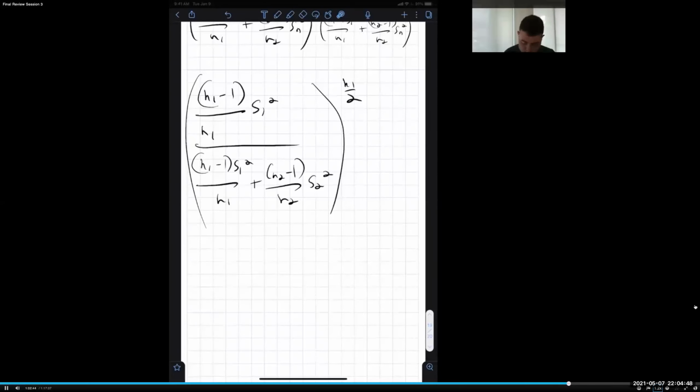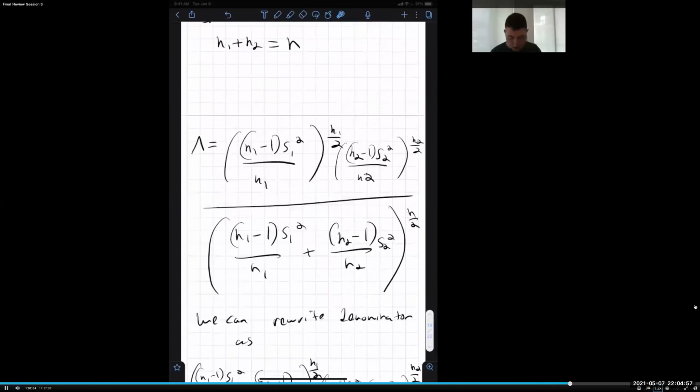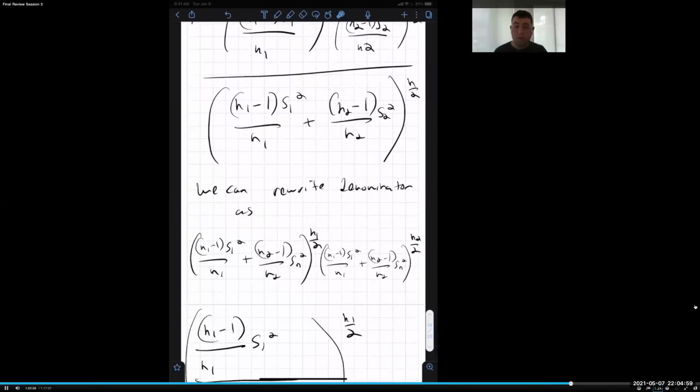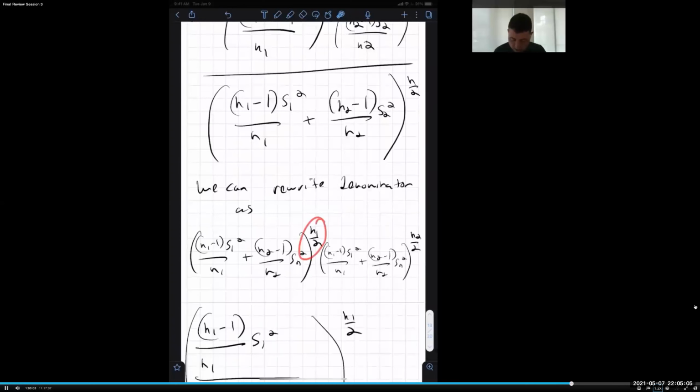Hopefully I did this right. Did I do this wrong? I think it should be n for the denominator. No, it's because I factored it like this.